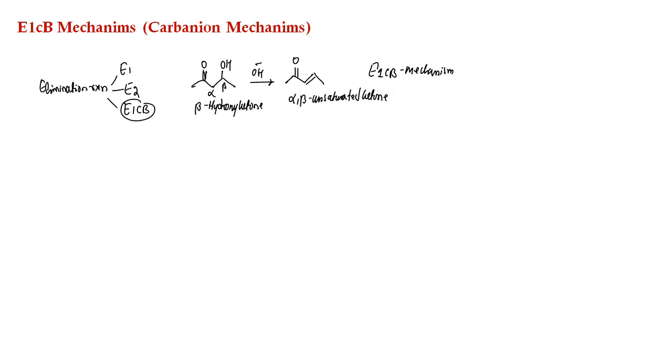Let's focus on the mechanism, which is a two-step process. Step 1 involves the following: here in the substrate we have two alpha protons which are acidic in character. These protons are acidic.